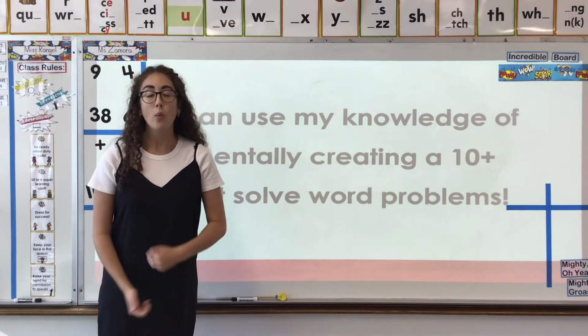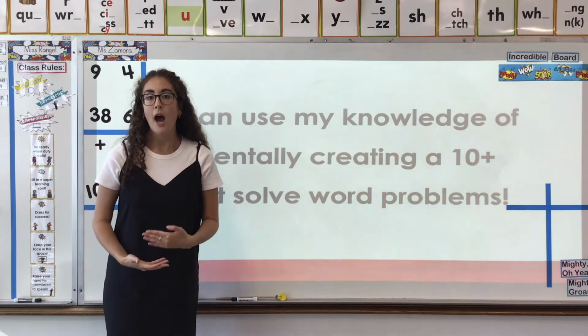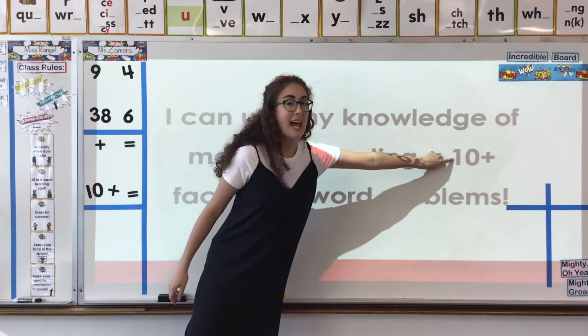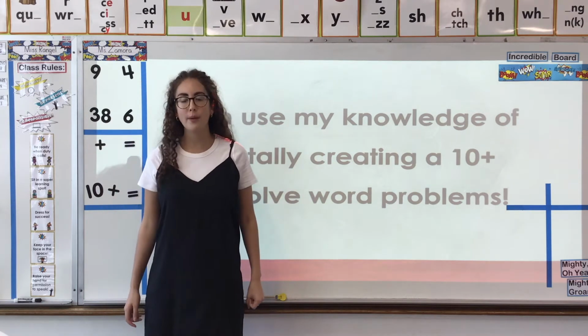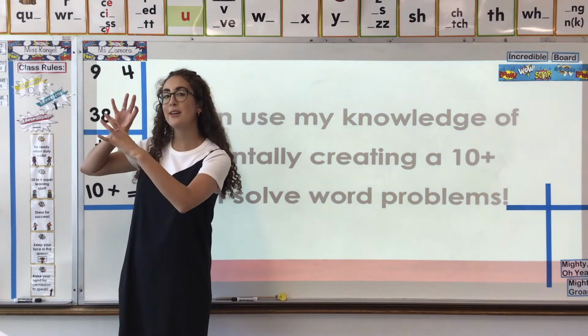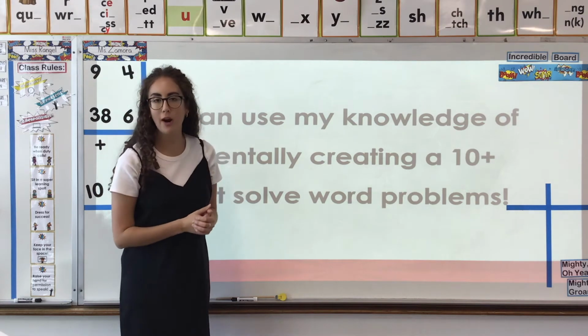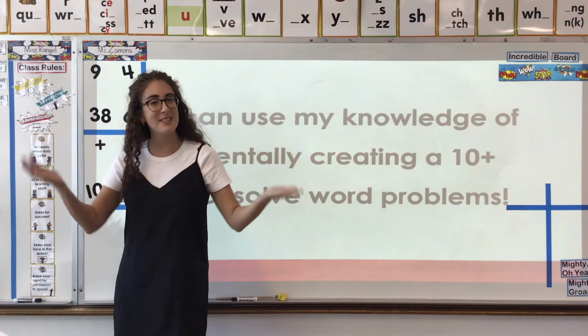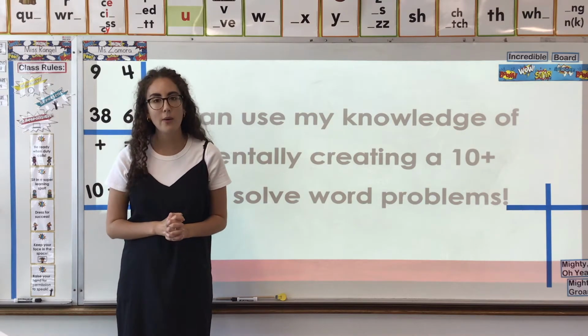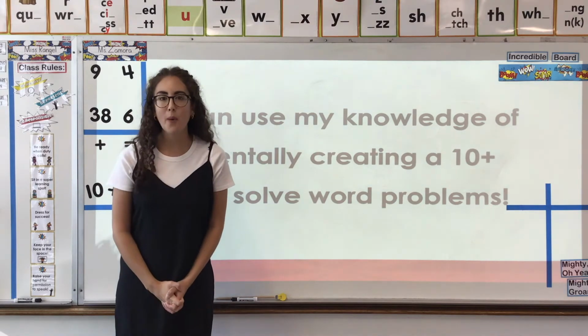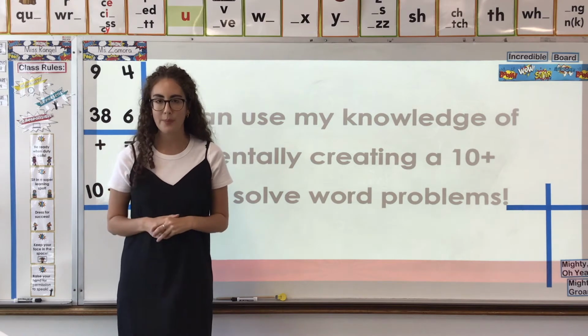So today, we're going to keep practicing of making that 10 plus fact, but doing it with a word problem. So we have to use our skills along with solving our story. Because we still need some practice with making our 10 plus facts, which is totally okay. So why not make it more fun with a word problem?